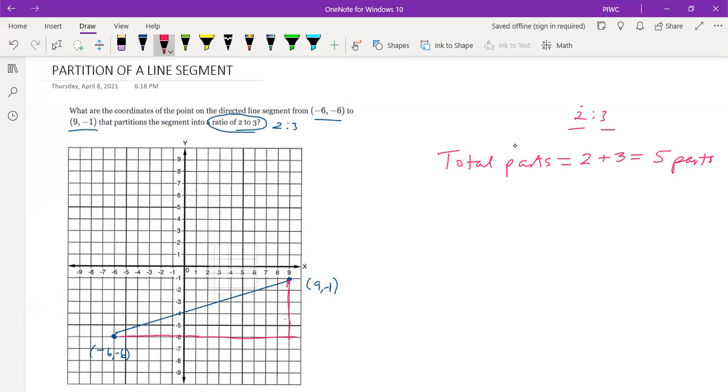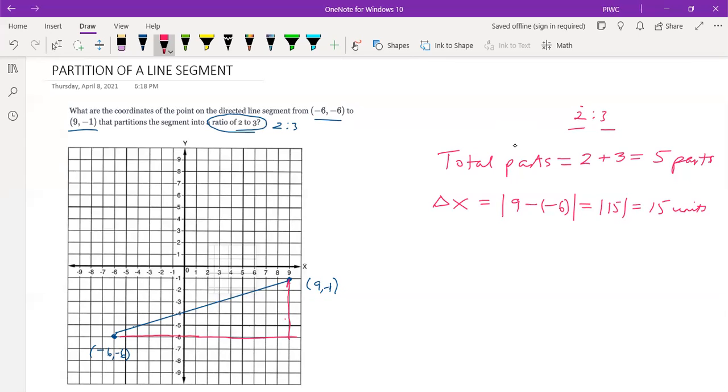Remember, when we were doing the algebraic approach, the distance between the x values was the absolute value of x2 minus x1. We did something like this, which is the absolute value of 15, which is 15 units. So there are 15 units apart, which if you count here, you see that's 15 units.